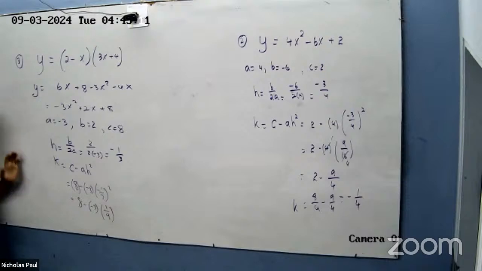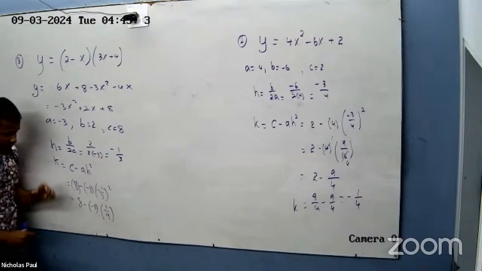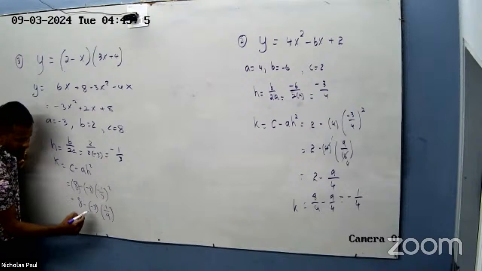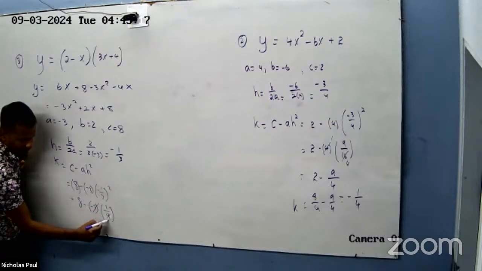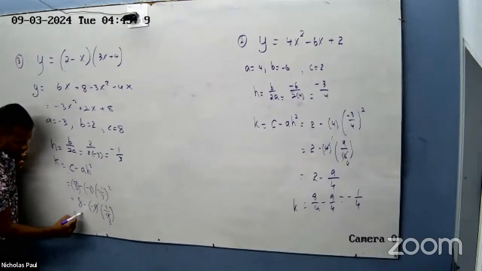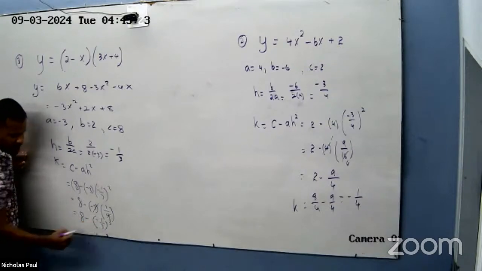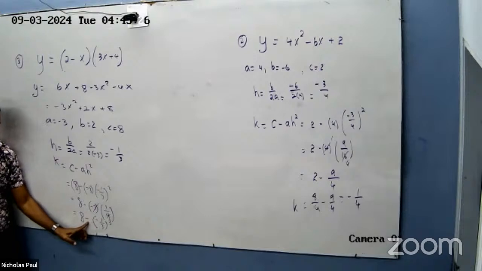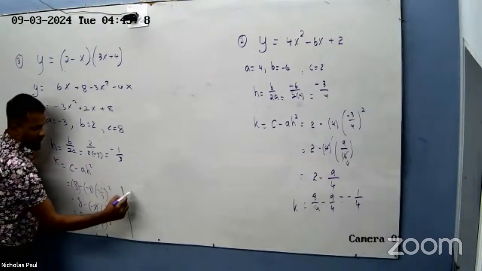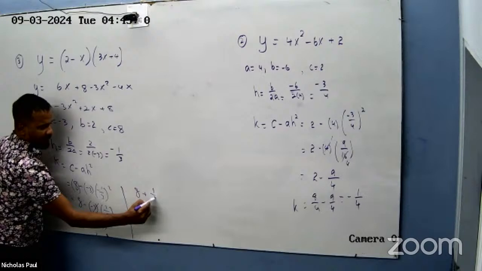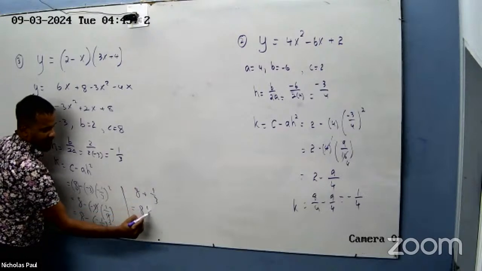Up to you, but I work with the brackets first. This multiplied by this cancels, you'll get 3 here. So you'll get 8 minus 1/3, minus and a minus is a plus, so you'll get 8 plus 1/3, which is 8 and 1/3.